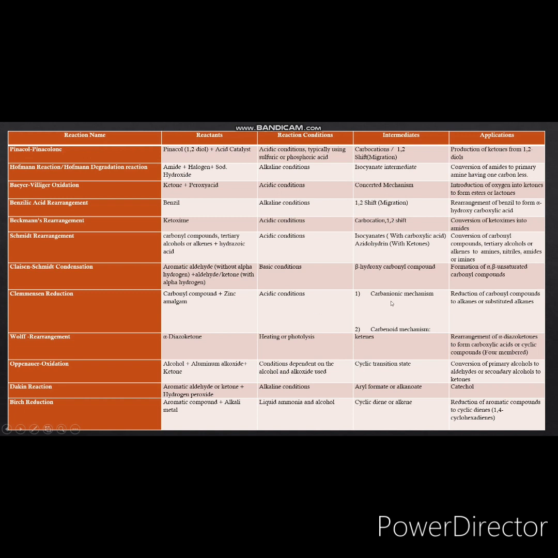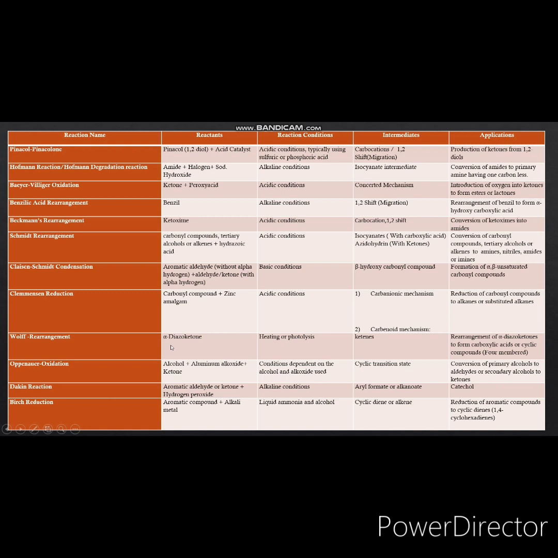And actually, this reaction is considered to take two ways. I mean, two pathways are proposed. One is the carbanionic mechanism, second is the carbenoid mechanism. And the product formed is alkanes. The Wolff rearrangement.